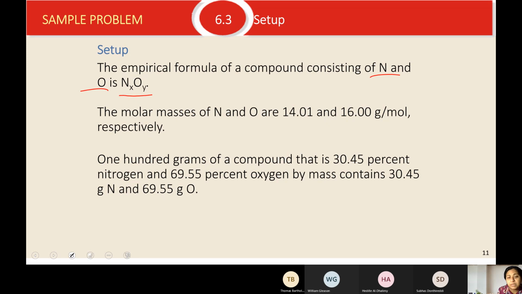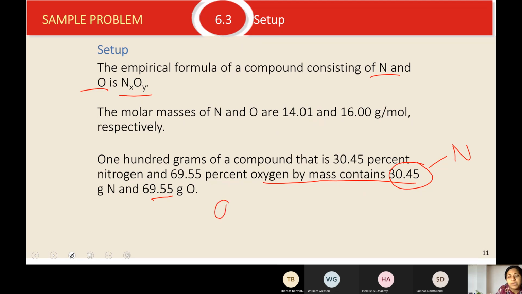And we assume that the percentages mean we have 100 grams of sample, where we have oxygen as 69.55 grams and nitrogen as 30.45 grams. And now we need to change the grams of these elements to their moles.